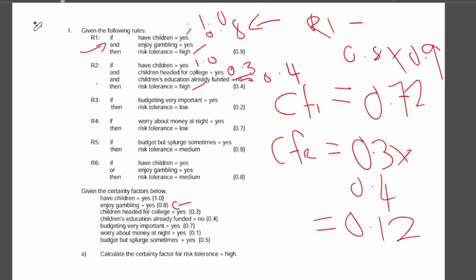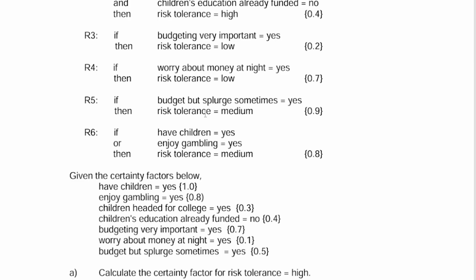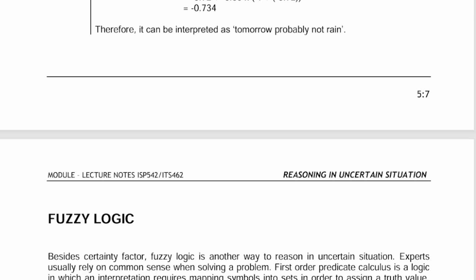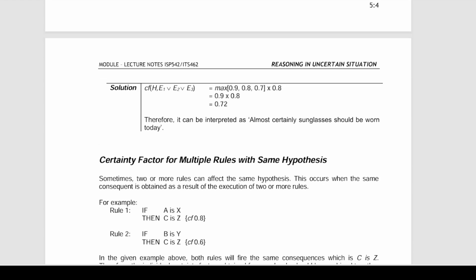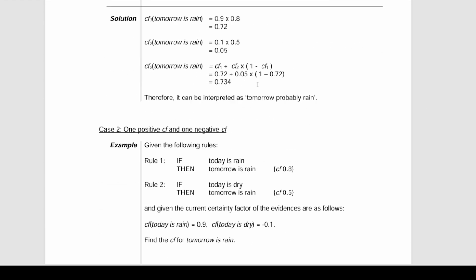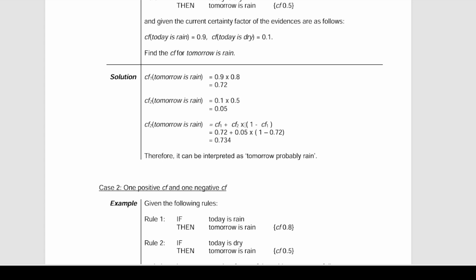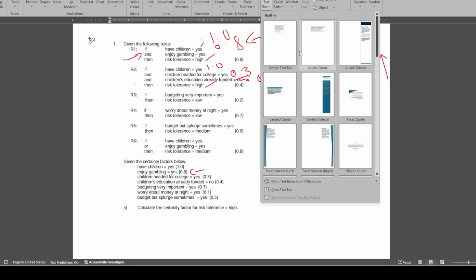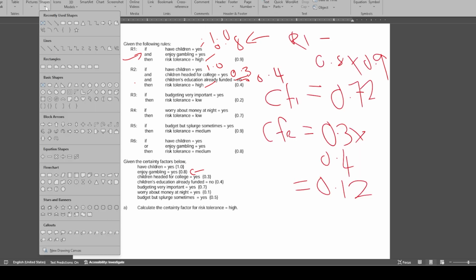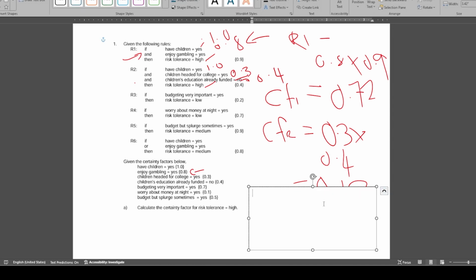And then you need to follow the formula as laid out in the notes. You can see the formula over here. If I'm not mistaken, the formula is around here. So CF1 plus CF2 times 1 minus CF1. I'm going to write this in a text box.